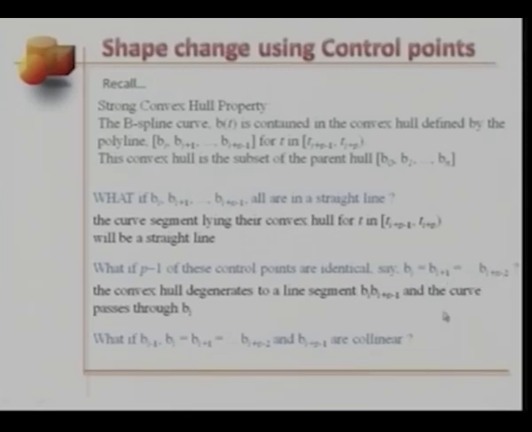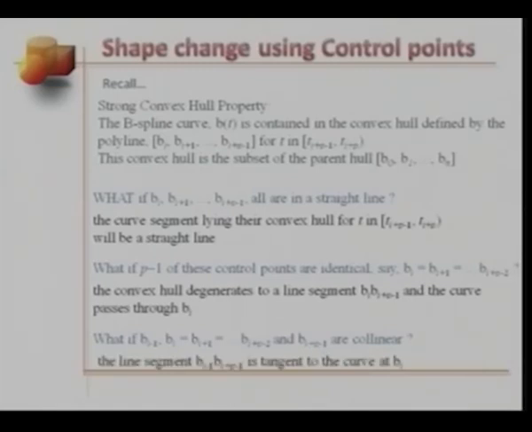Now those design points, a prior point b_{i-1}, this point is prior to b_i, and then the last point in this set b_{i+p-1}, what if they are all lying in a straight line?